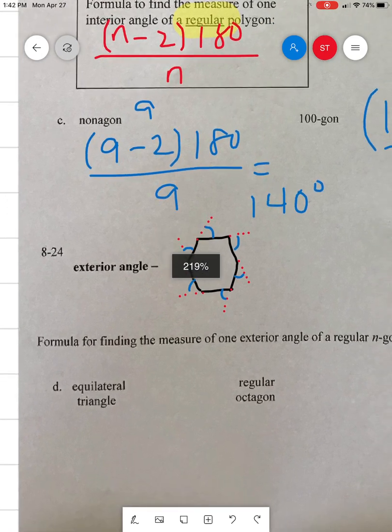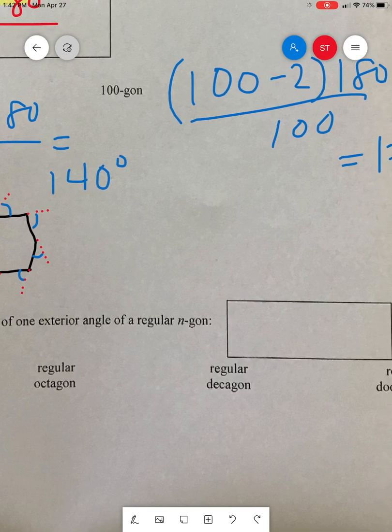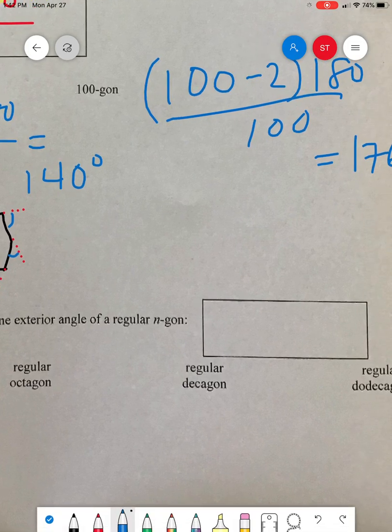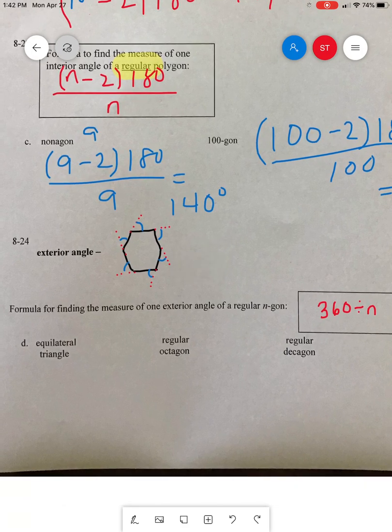Okay? Well, there's a formula to find the measure of one exterior angle of any regular n-gon, in other words, any regular polygon on Earth, and that formula is simply 360 degrees divided by n, where n is the number of sides. Okay? So, can we find an equilateral triangle, each exterior angle?